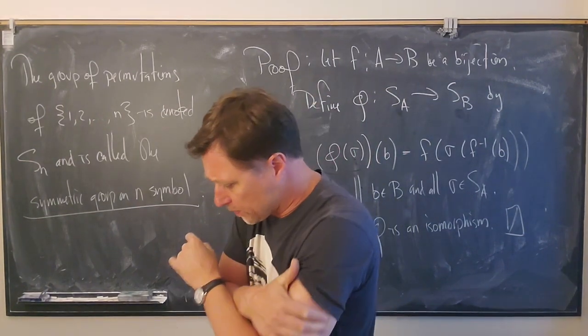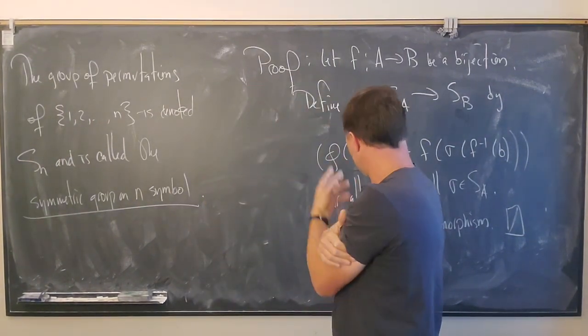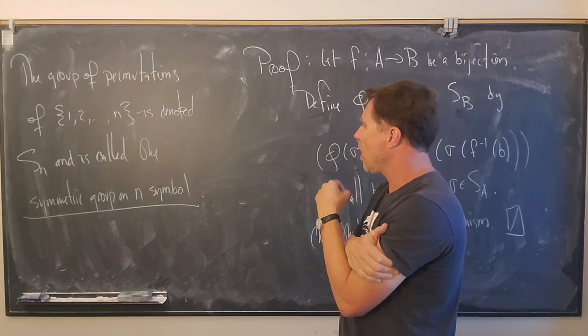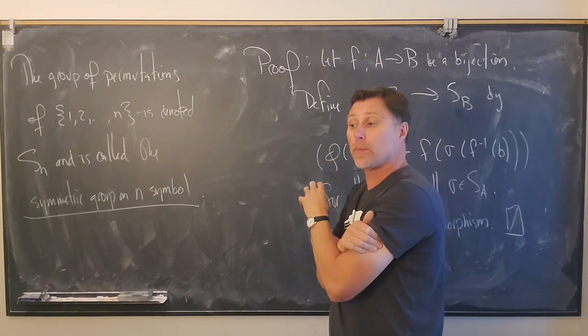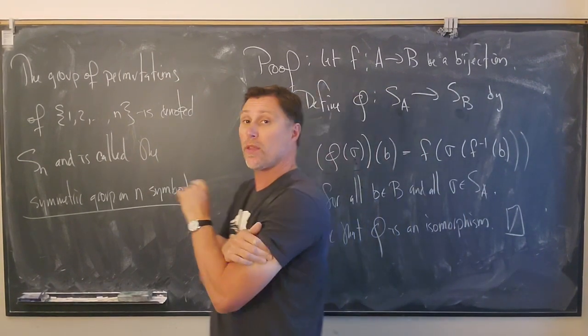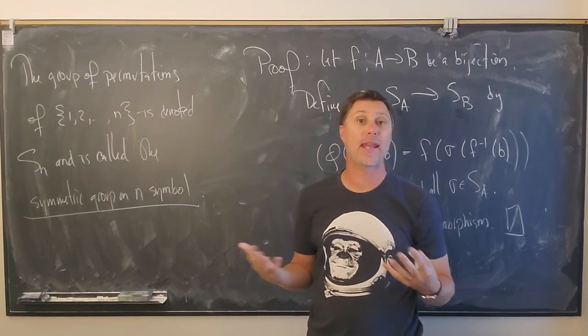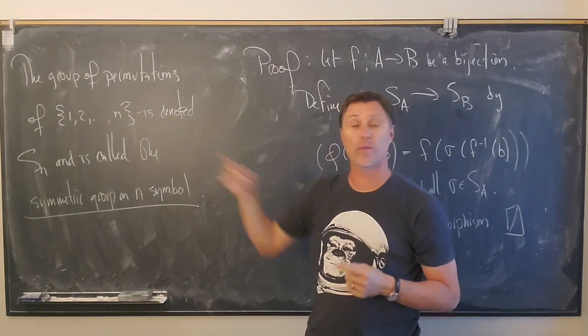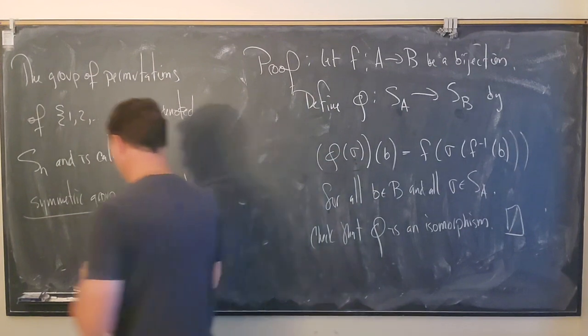Now, in light of this previous theorem here, we know now that any permutation group where the set consists of exactly n objects is going to be isomorphic to S sub n. So let me say that.